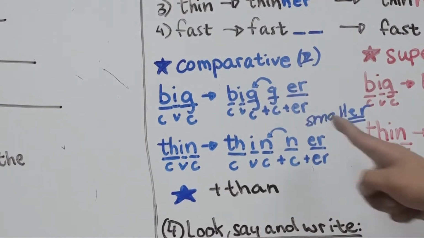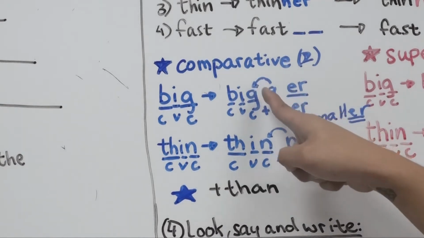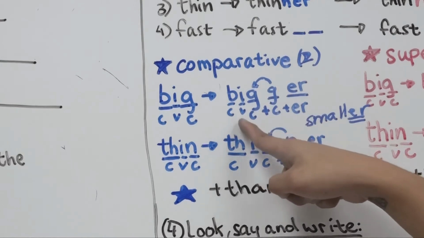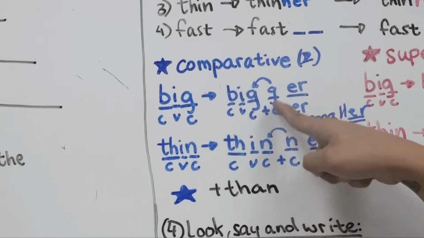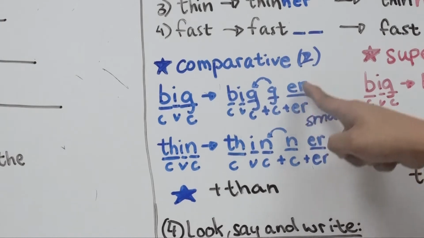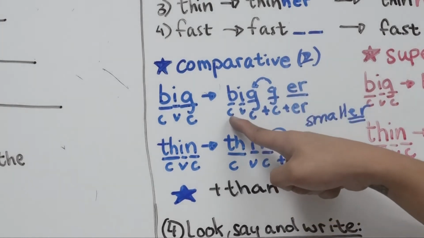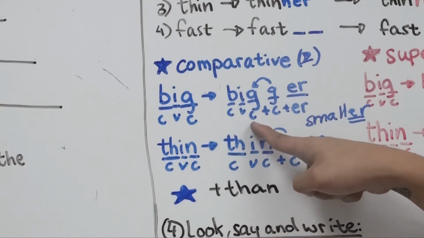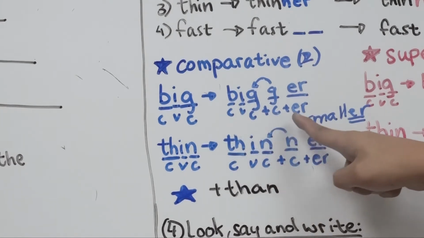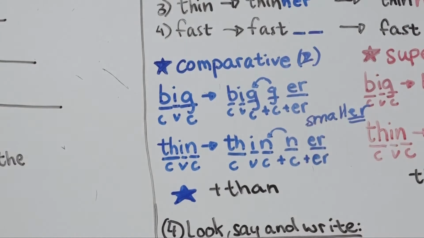No, right? We have to follow the previous C. So B-I-G, put another G, and then E-R. So how do we spell bigger? It is B-I-G-G-E-R.